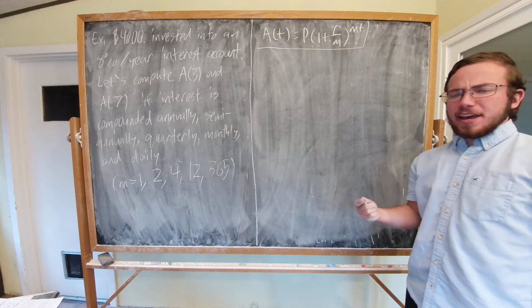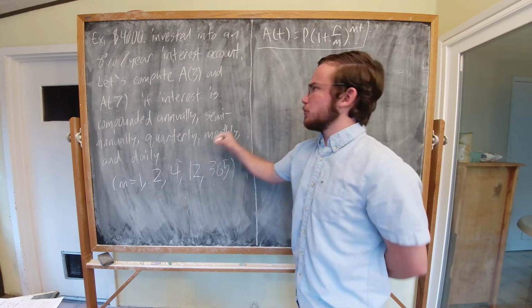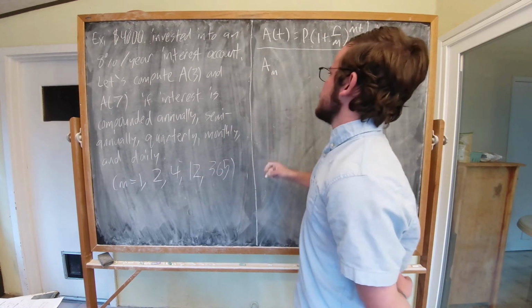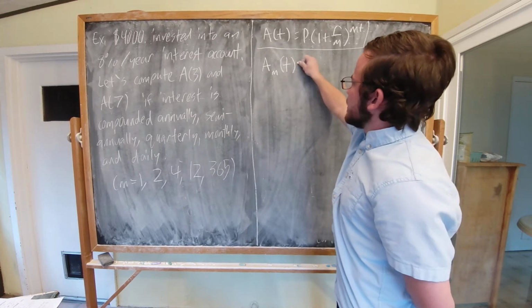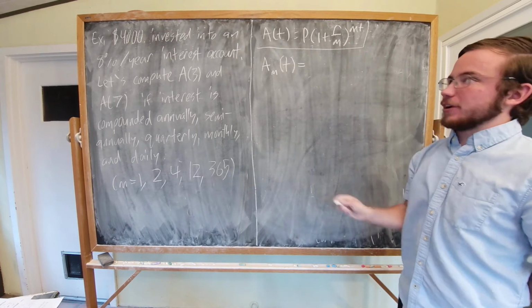For our specific case, since we're working with the same account being compounded at various different rates, let's make life easier on ourselves. Let's give this new notation A sub M of t to be our account setup, but leaving M as a variable.